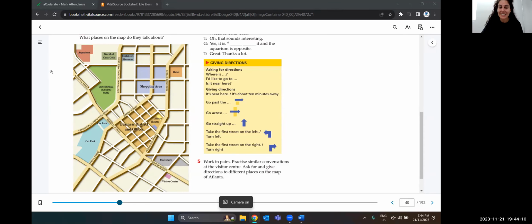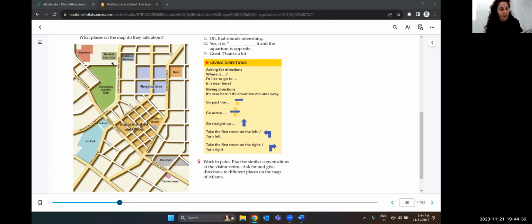Okay, what places did the man want to go to? Aquarium is one, so you can circle this place here on the top left. The World of Coca-Cola, yeah. The aquarium, yes.